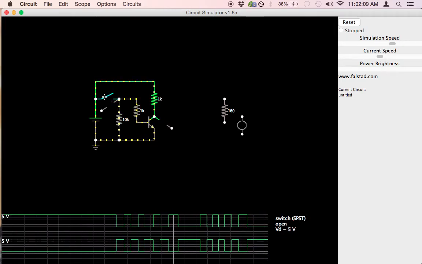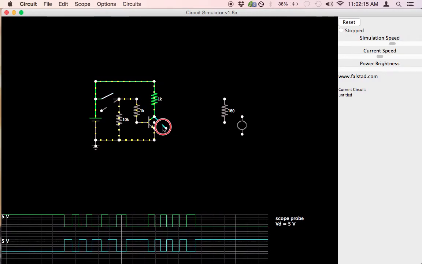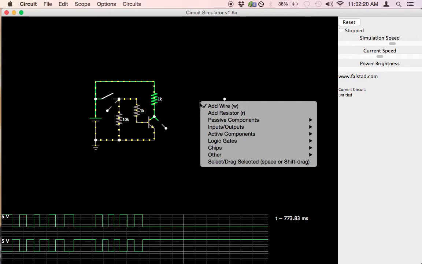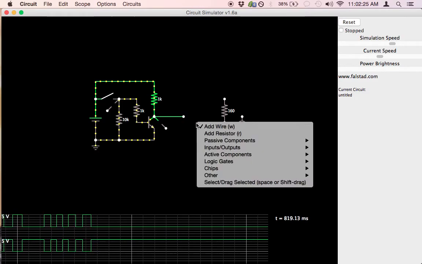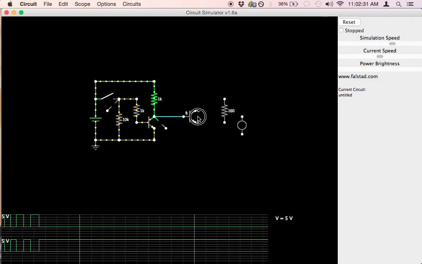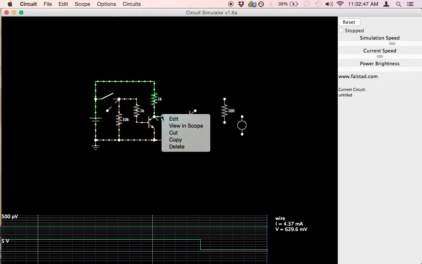Let's use another transistor to invert this signal again. We'll leave this scope probe right here. Let's add another transistor. Let's tie the emitter to ground. Let's put a current limiting resistor in here.